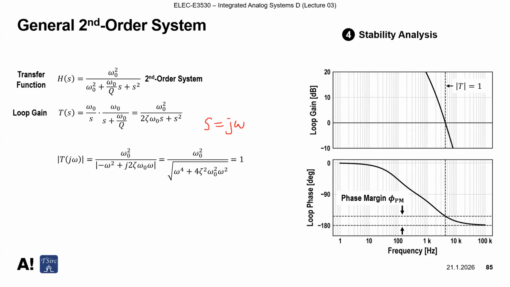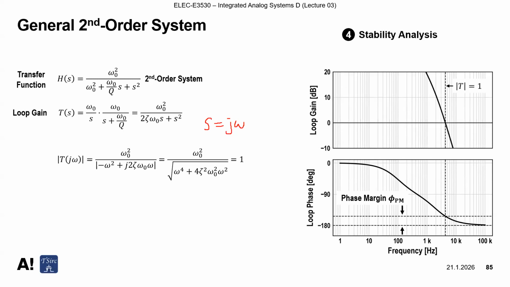We are applying s equal to j omega because when we analyze our Bode plot or loop gain response, we are applying the steady state responses. We are applying just a sine wave, single frequency or multiple frequency. We are not applying exponentially decaying or exponentially growing conditions as an input or output. So we take s equal to j omega.